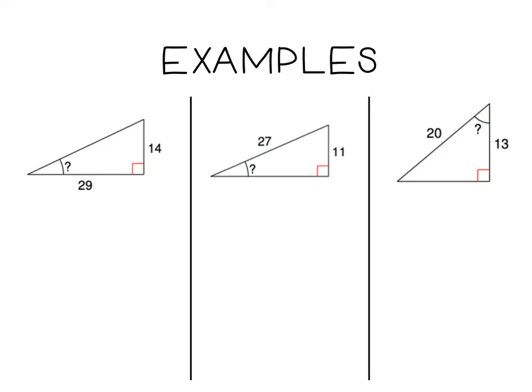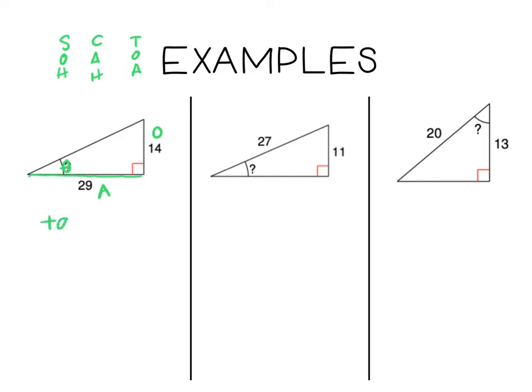In this first one, I am working with this unknown angle, which we're going to call theta. I'm going to look at the relationship between the sides that are marked and the angle. This 14 is the opposite side, and this 29, because it touches the angle and helps to create the angle, is an adjacent side. When I have opposite and adjacent, I've got SOH CAH TOA, so I know I'm going to be using tangent.